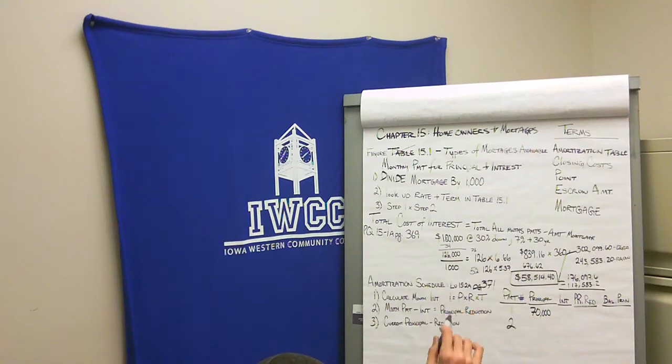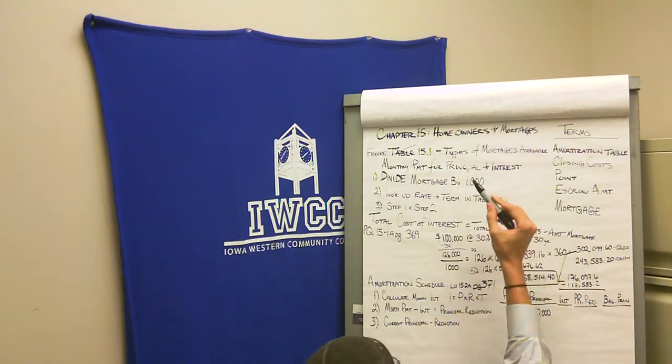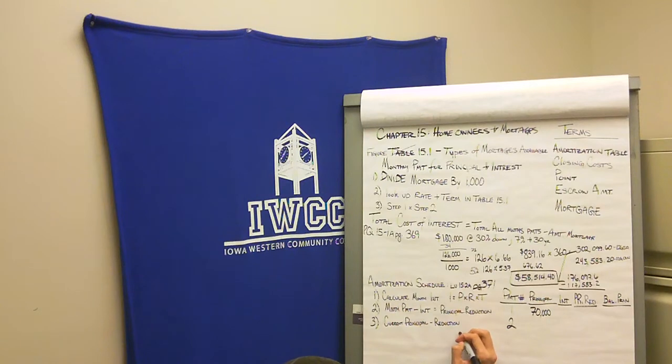We're going to look at extra practice problem 15.2a, page 371, and it says we're taking out a $70,000 loan at 7% interest for 30 years. First we have to figure out our interest and our monthly payment. We know how to do the monthly payment from up here. We've got 70,000 divided by 1,000, which leaves us with 70.